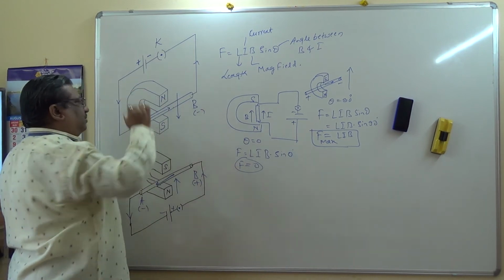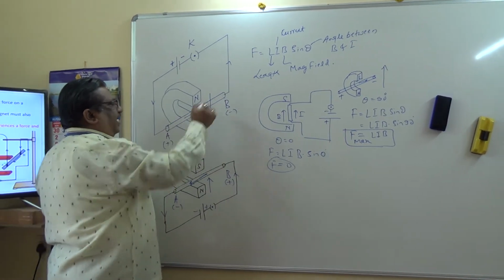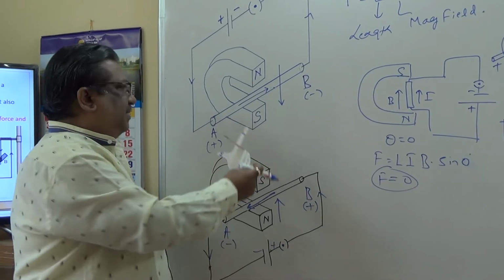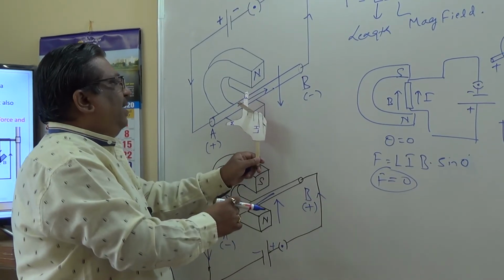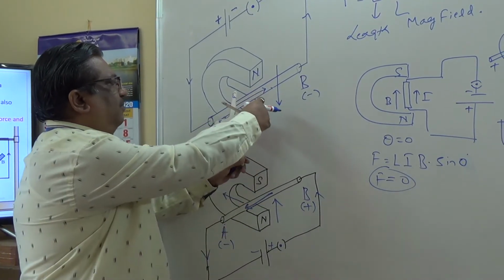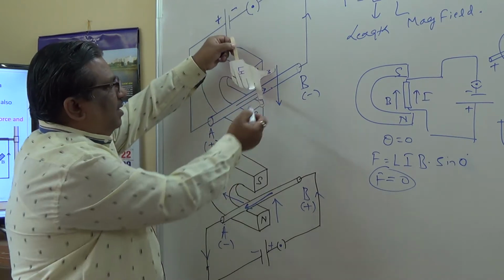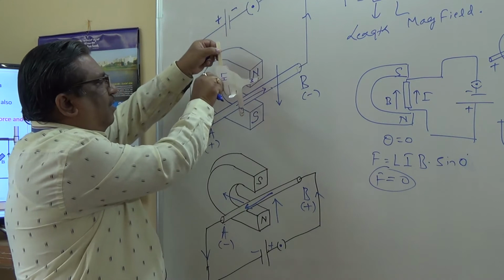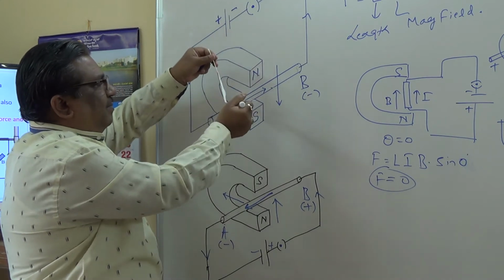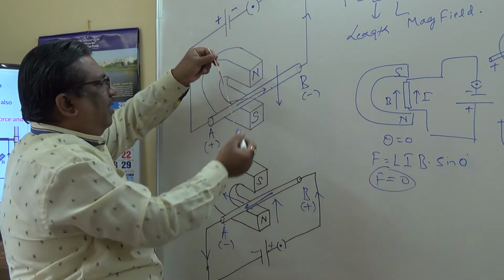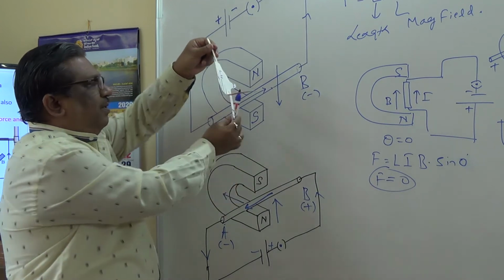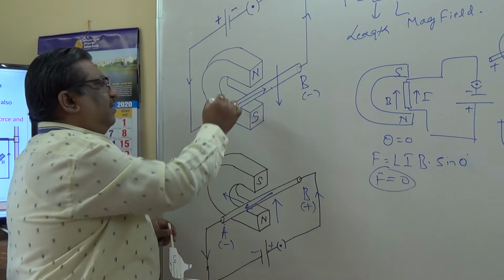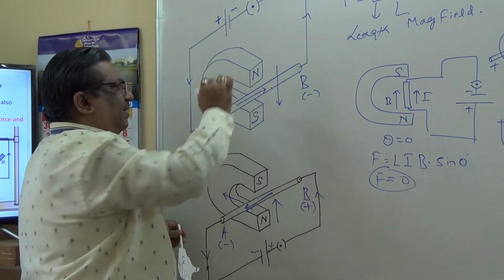Current is from A to B. Let us see where the conductor displaces. Field is north to south, therefore tilt this forefinger. Current is from A to B, therefore tilt this middle finger. In that case, the thumb is pointing inwards, meaning this conductor is moving inwards.